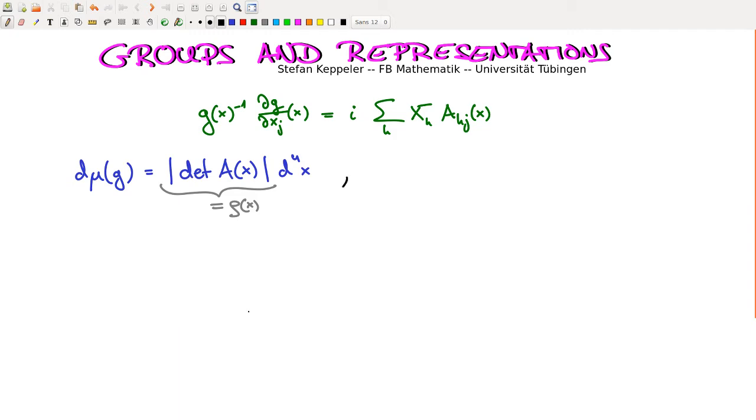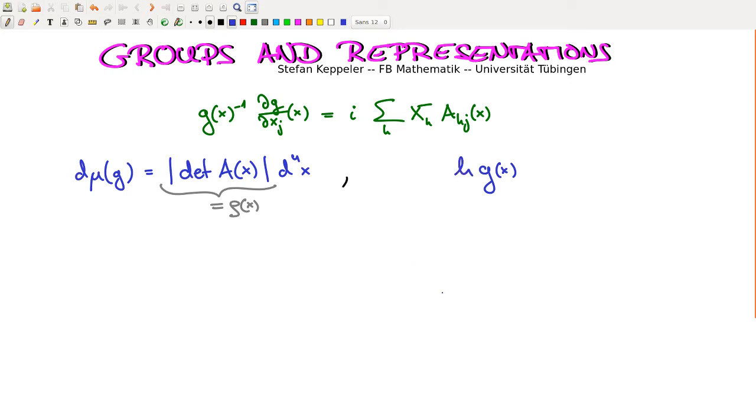Now we want to do the crucial step in order to show left invariance. So we take our parameterization g of x, and say if x equals 0 is in the range of these x's here, then this is a parameterization in the neighborhood of g of 0.